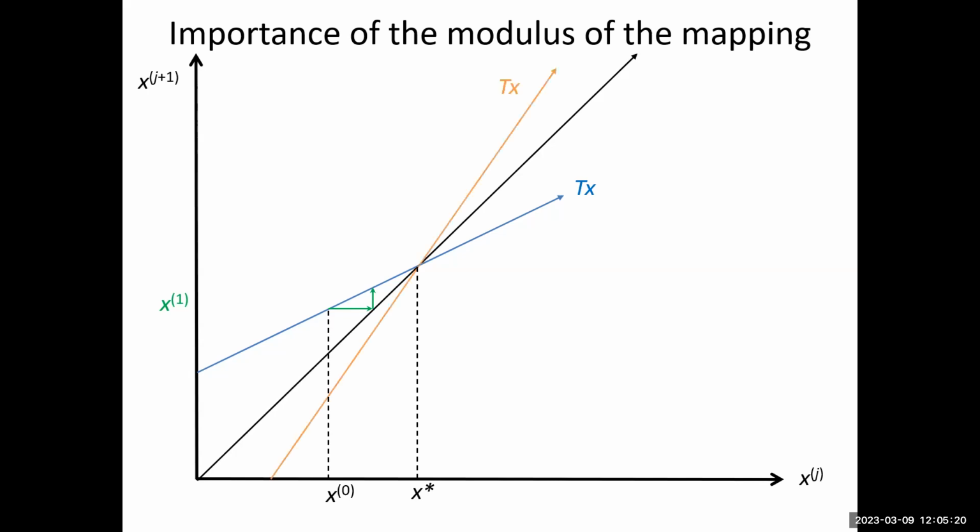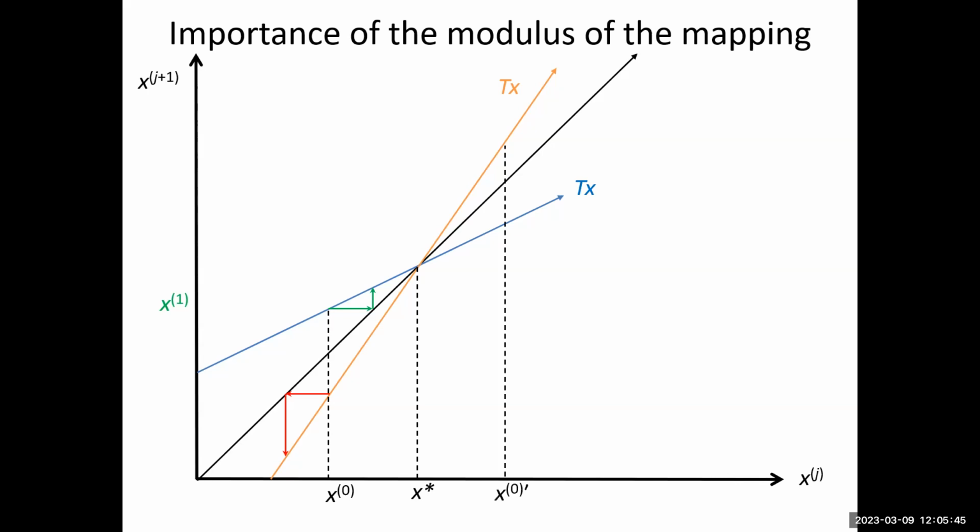The orange operator has the same fixed point, but its slope is greater than 1. Feeding the same x0 into this operator yields an x1 that is less than x0, which in turn yields an x2 that is less than x1, and so on.